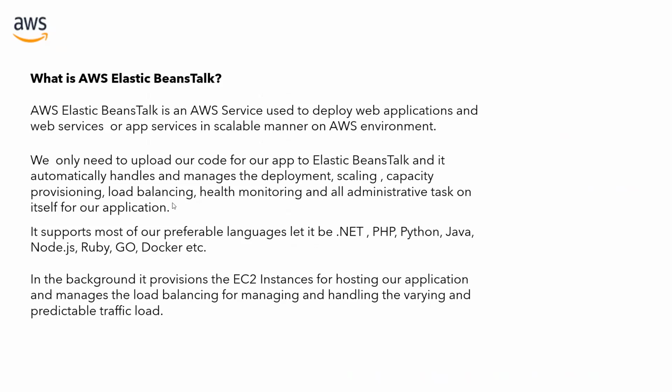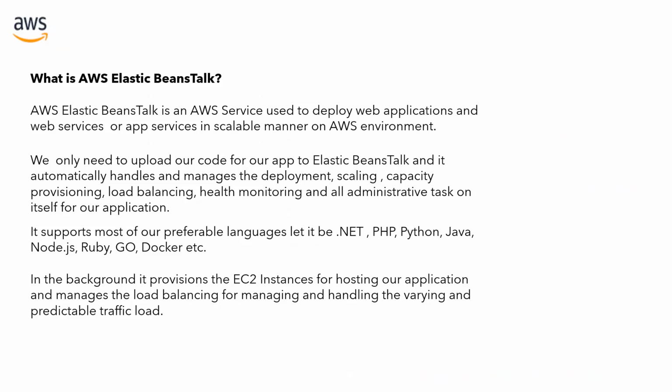So what happens in the background when we deploy our code with Elastic Beanstalk? Elastic Beanstalk provisions an EC2 instance, a server, in the background, and the nature of the server is compatible with the language in which you have written your app service.